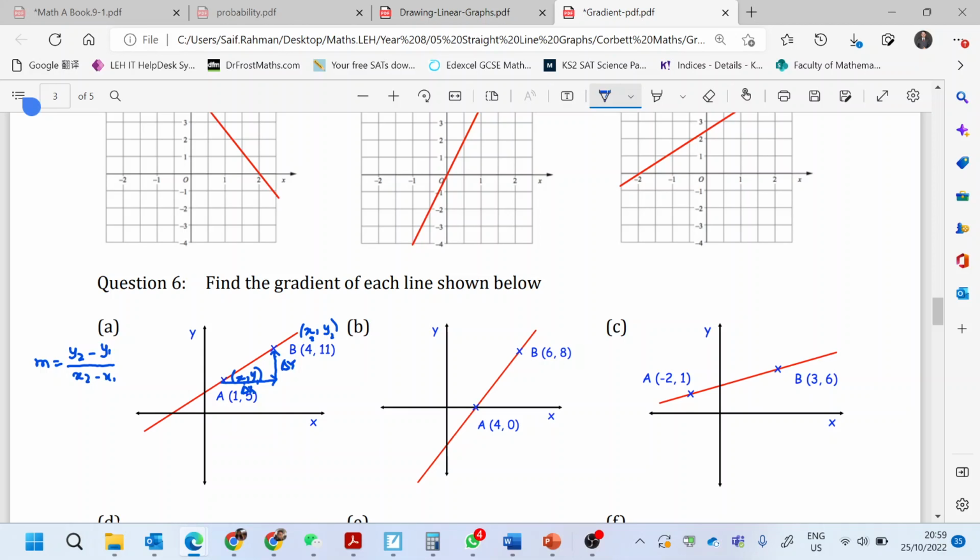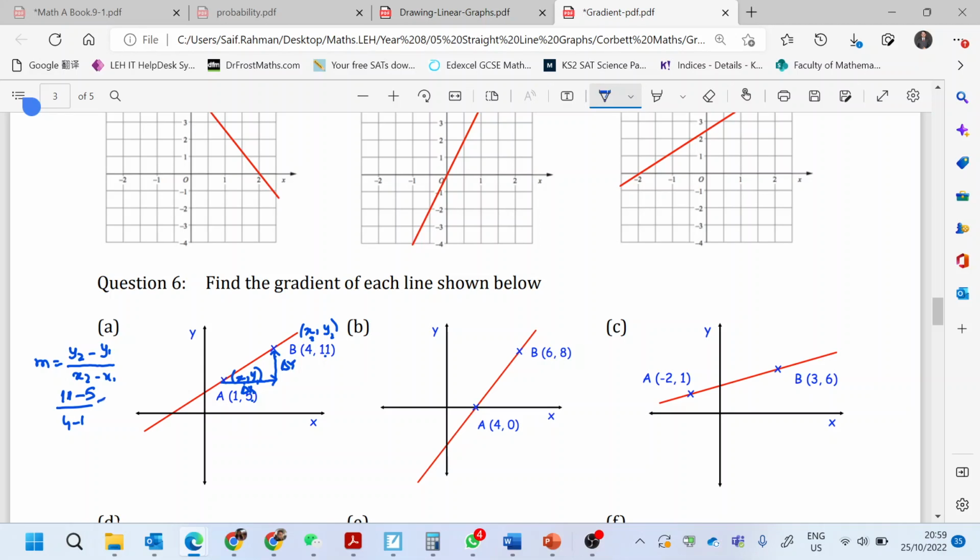So if we put the coordinates of both points there, we can find the value of m. Here y2 is 11 and y1 is 5, so 11 minus 5 divided by 4 minus 1.